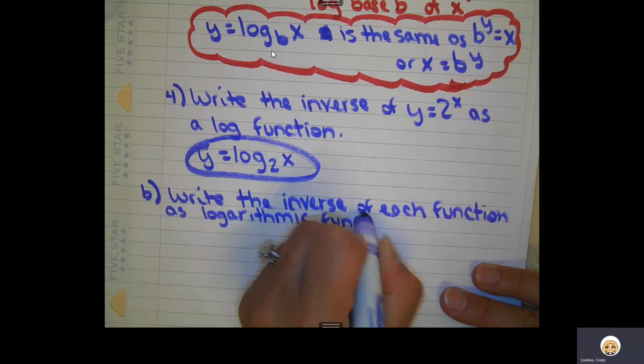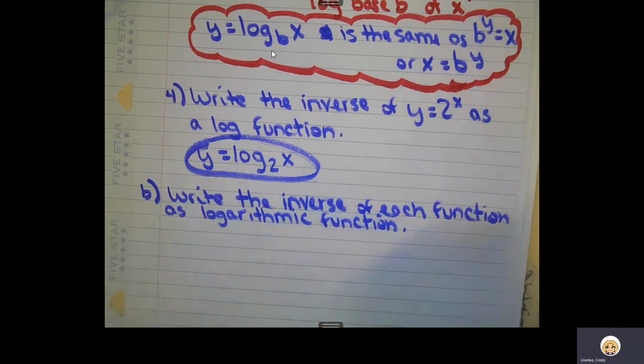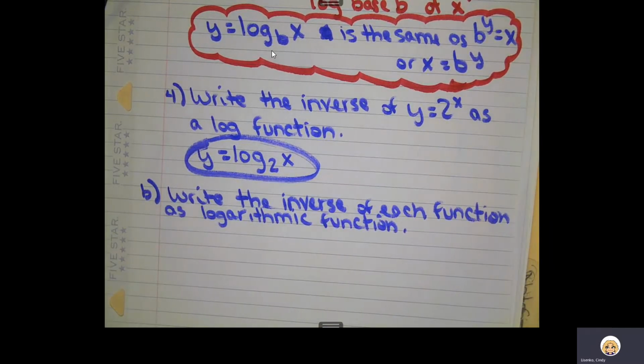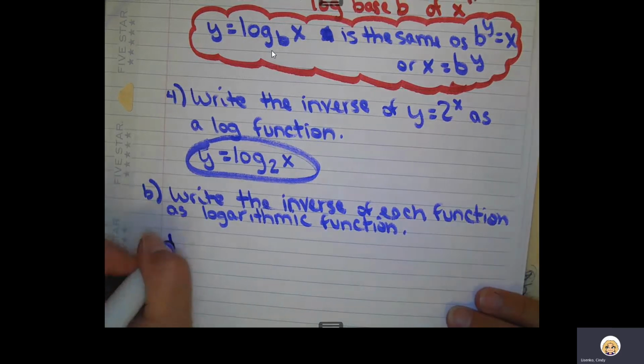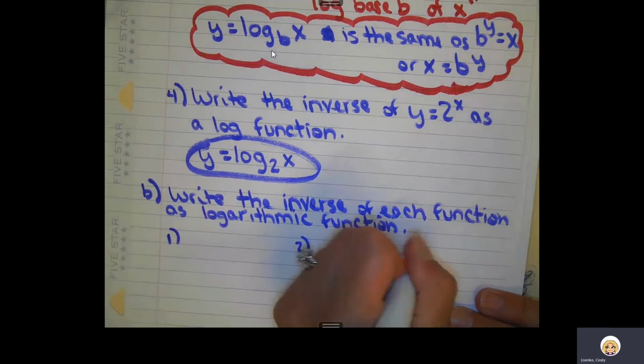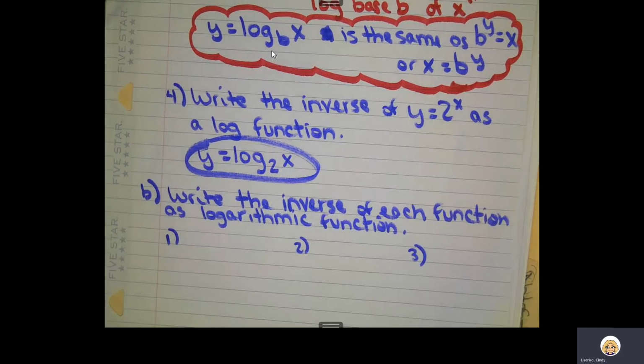The word logarithmic, you can shorten it to just log. So you're going to see a lot of the times I'm going to say log function instead of that big word. We're going to do 3 examples: 1, 2, and 3. We're just practicing writing these as a log function.